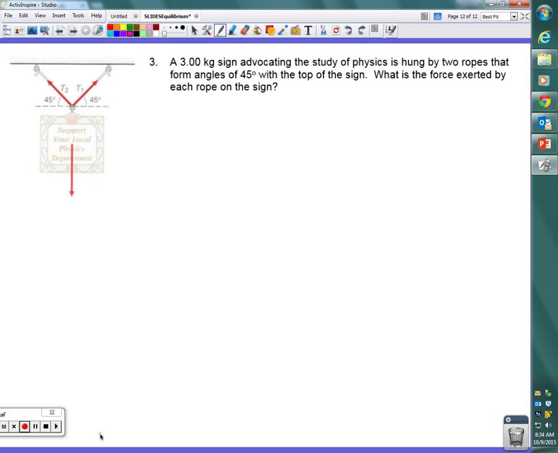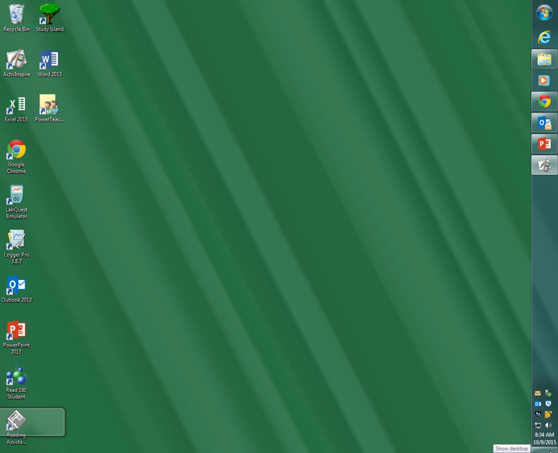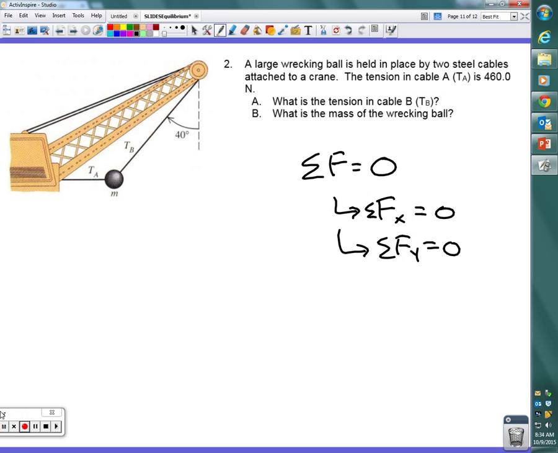The 2 at the top of the page are similar in that they are in equilibrium, and that means that our net force has to equal 0. But remember, we have to have equilibrium on the x-axis, and we also have equilibrium on the y-axis as well, right? So keep that in mind as we're doing these.